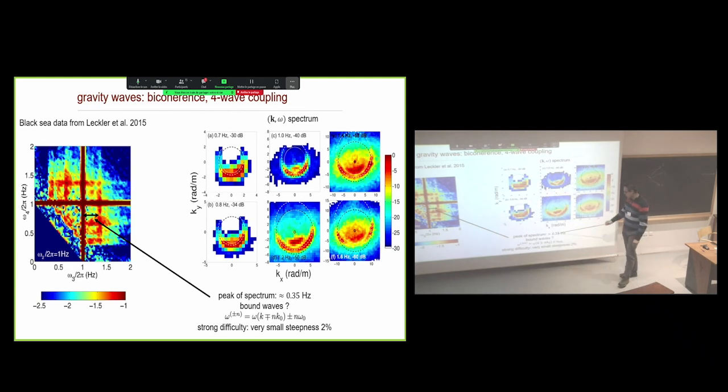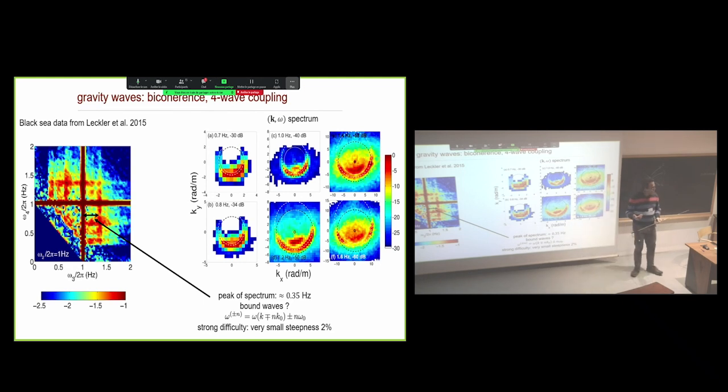In that case, the peak of the spectrum was 0.35 Hertz, and this shift is the same as the bound waves I showed you before in my experiment with the dashed line, which you can see inside the dispersion relation here. Most of it is second harmonics, but some of it is also due to the coupling with the peak of the spectrum.